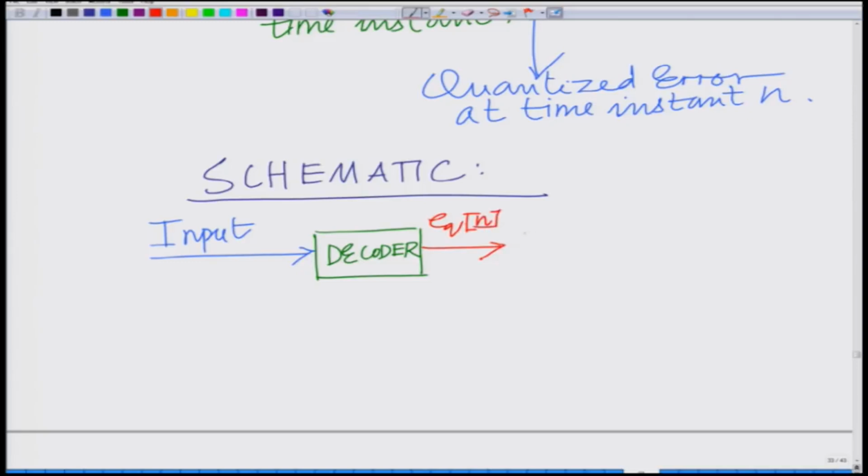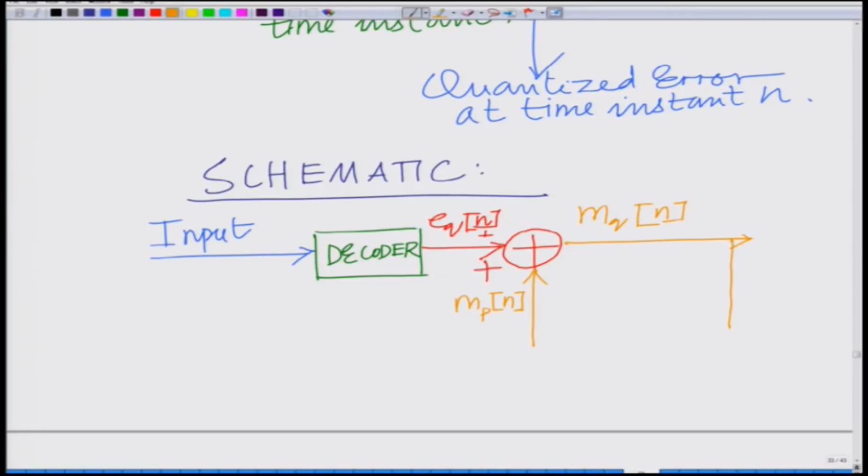That gives us again EQ of n, that is the quantized error. To EQ of n you add MP of n, and that gives rise to the output MQ of n.